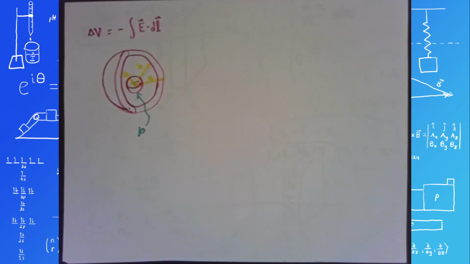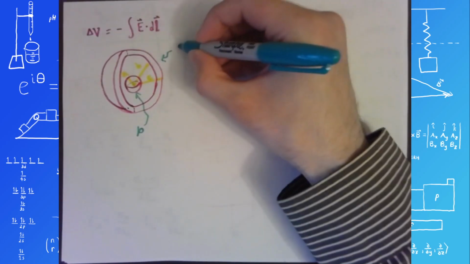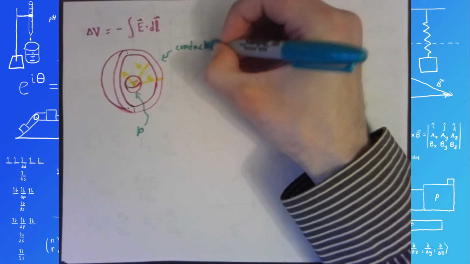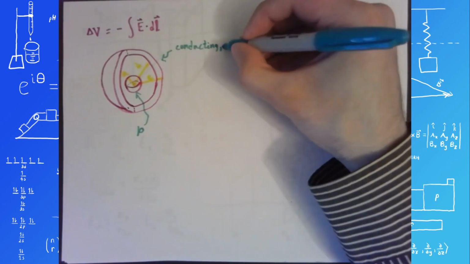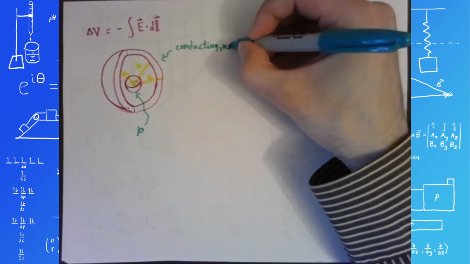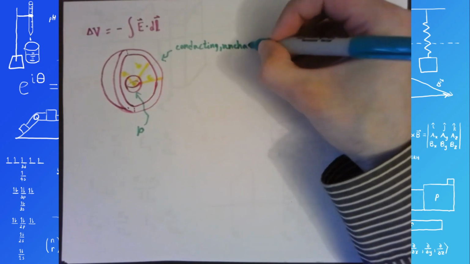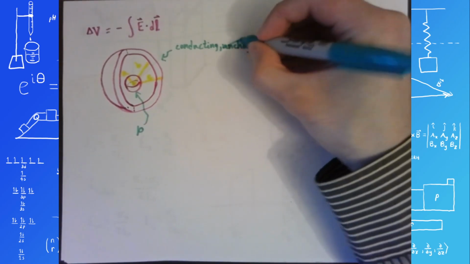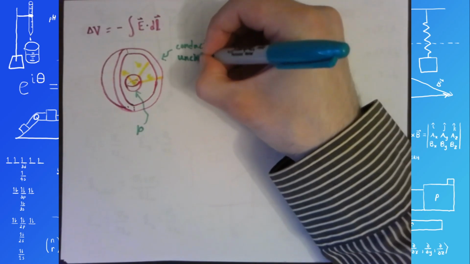And they tell us that the outer sphere is conducting and uncharged. Conducting and uncharged. That doesn't mean there's no charge on either of its surfaces. All it means is that the total charge on it is 0. I misspelled it. Great. Uncharged.